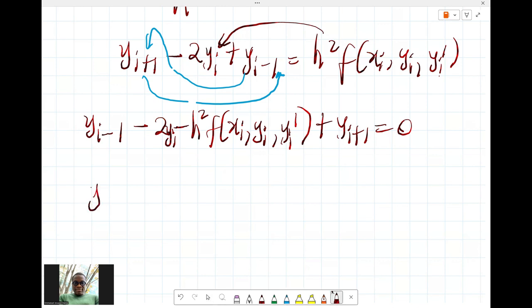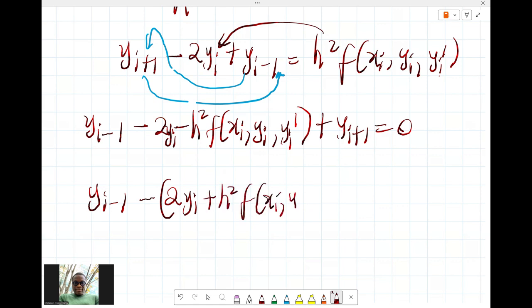So we have yi minus 1, minus 2, okay, we can say this is minus 2 plus h squared, minus 2yi plus h squared f of xi, yi prime plus yi plus 1 equals 0. So that's what we have so far.